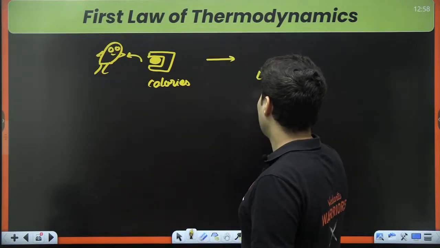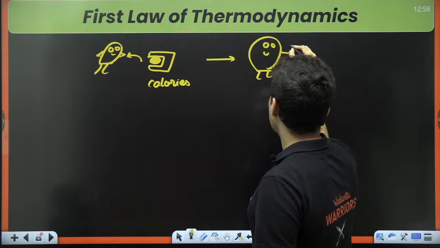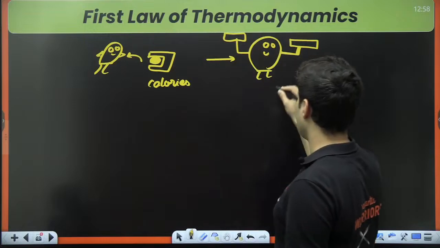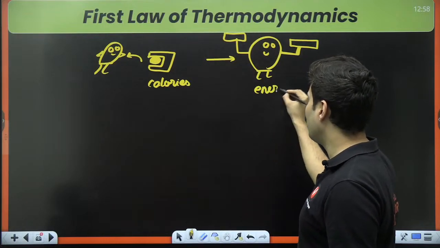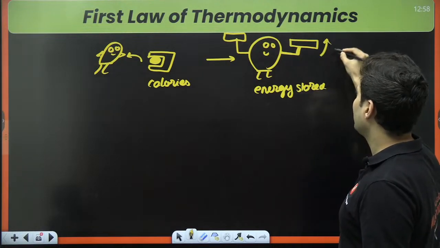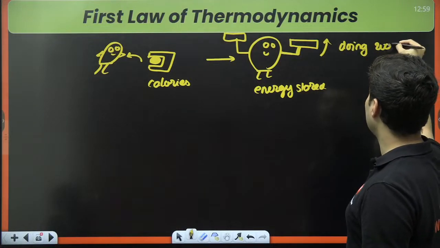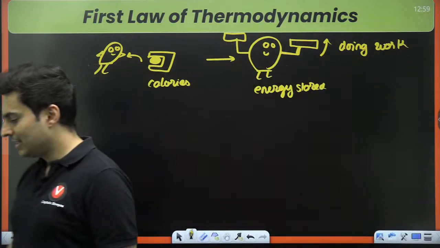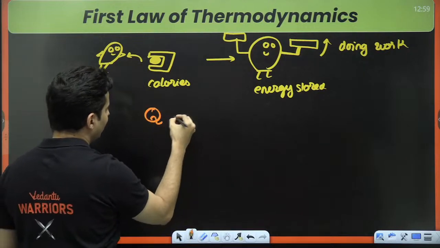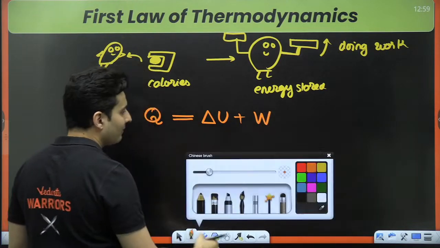After that, Pandu becomes strong, and he's lifting weights. He's doing work. He has gained some energy stored inside of him, and he's able to do some work. That's all that the first law is. It says that the heat supplied goes into changing the internal energy and also into doing work.